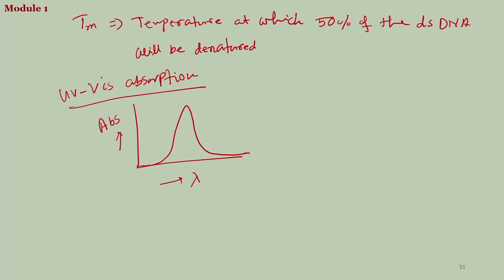This one is kind of 260. So this maximum, lambda max, is 261 nanometer. Lambda is in nanometer. At 261 nanometer, you have maximum absorption if you have adenine. So I'll give you a chart where the individual nucleobases absorb.